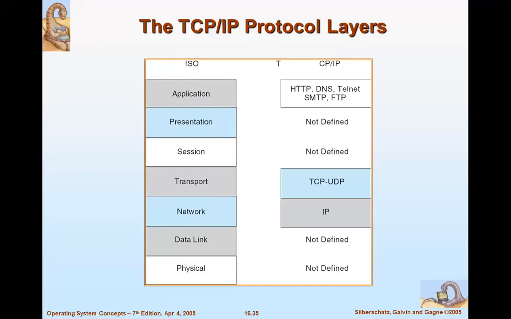Like in the application layer, we have the HTTP protocol, the DNS protocol, the telnet protocol, the simple mail transfer protocol, and the FTP protocol, file transfer protocol. This telnet protocol is actually used for remote accessibility, if you want to access a system from a remote area.